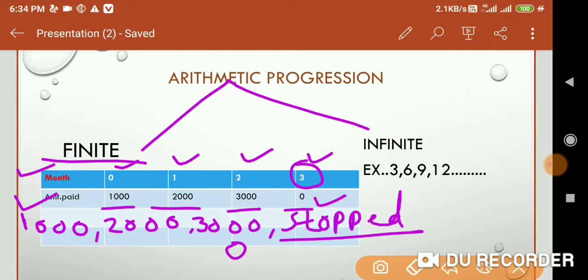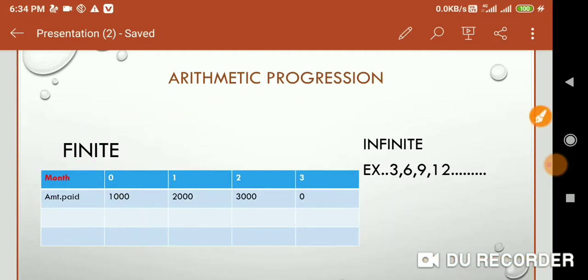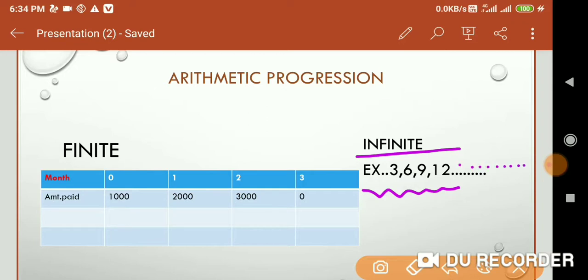We count here that up to 2 months we paid the amount, and therefore it is an example of finite AP. Now see another example, infinite AP. Here the series is written 3, 6, 9, 12 and so on, but it is non-countable. These dots indicate that it is non-countable, and therefore it is the type of infinite AP.